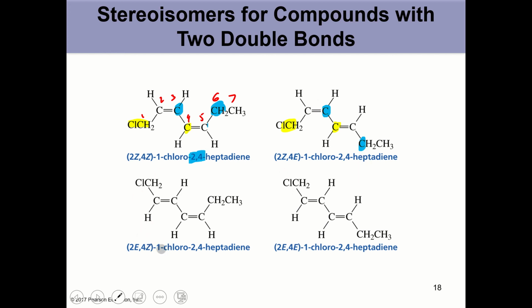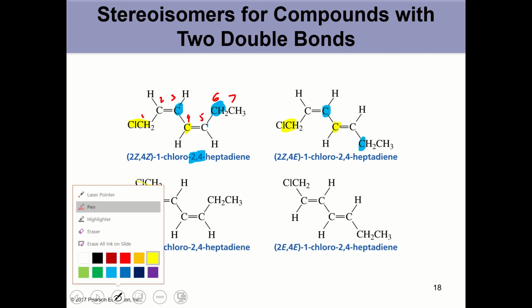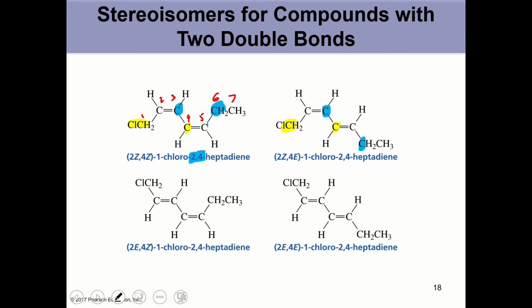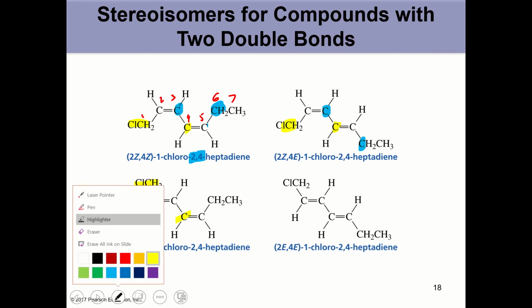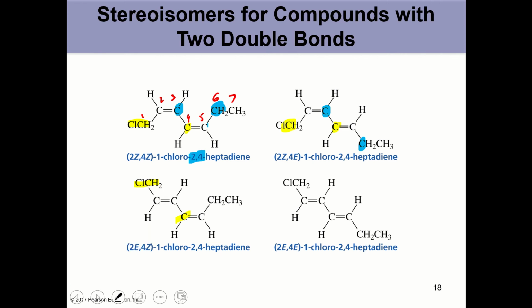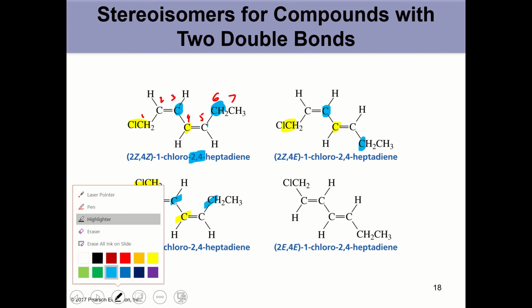Then we have another example where our high priority groups for our first pi bond are here and here. Now they're trans. And our high priority groups for our second pi bond are still cis. That gives us 2E and 4Z, 1-chloro-2,4-heptadiene.